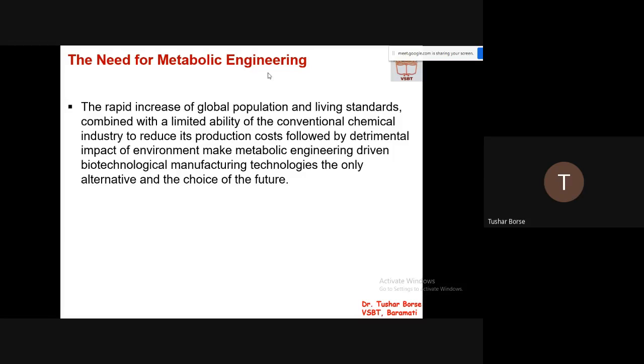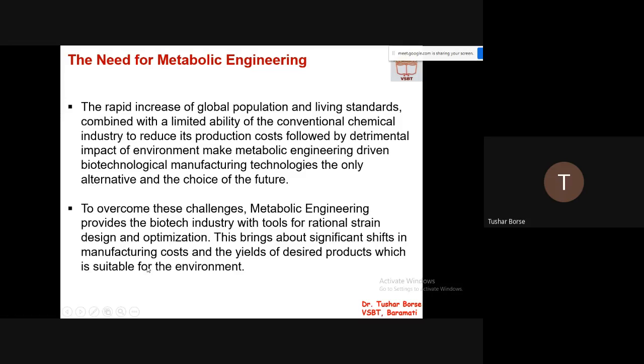It could be the alcohol you get from the biological system, or different types of secondary metabolites which we now know have pharmacological activities. You can think of any kind of compound which can be easily obtained from the biological system. So that is one of the needs of metabolic engineering.